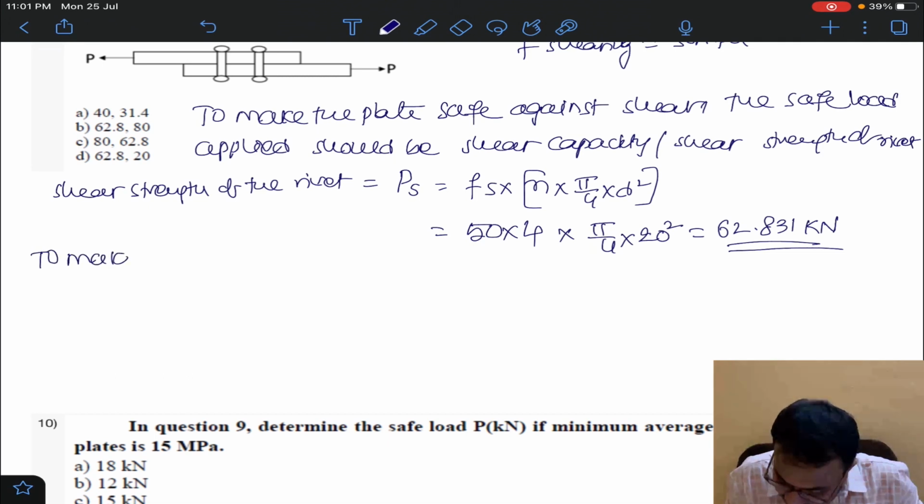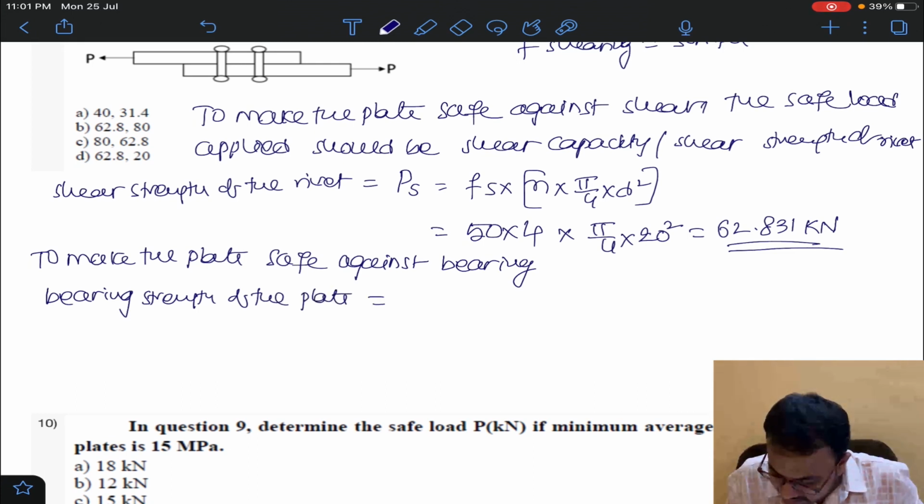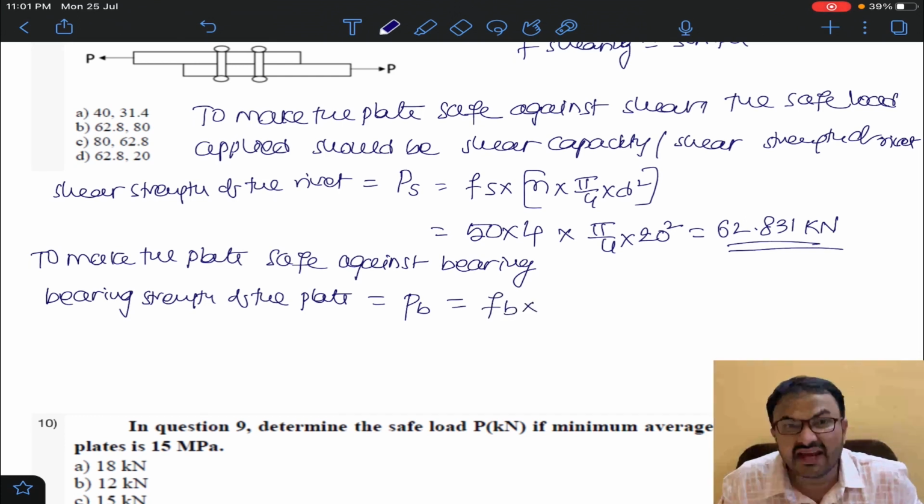To make the plate safe against bearing, we need to calculate the bearing strength of the plate. Bearing strength of the plate, I am taking it as PB, is equal to allowable bearing stress into area of the bolt in bearing.